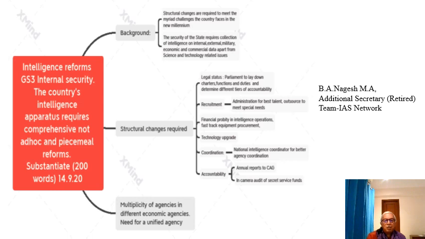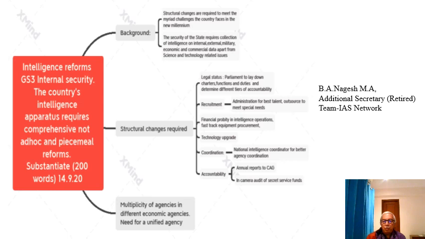Now, in the task of collection of data and the proper working of the intelligence system, we propose certain structural changes. In the first place, there should be clear delineation and demarcation of the rights and duties of the different levels in an organization to enforce accountability. Then administration: what I suggest is, for getting the best talent, you advertise, get the best persons on the job, and where you don't get talented people, outsource the same.